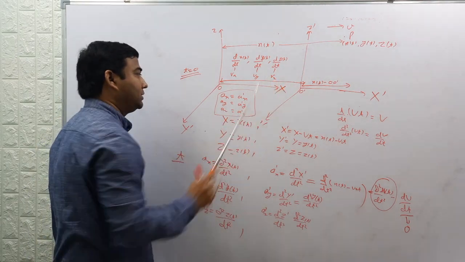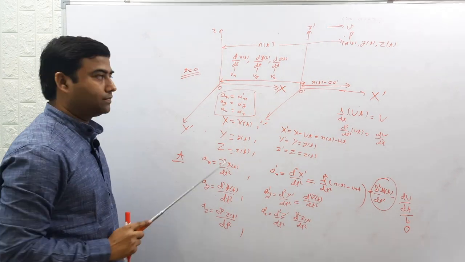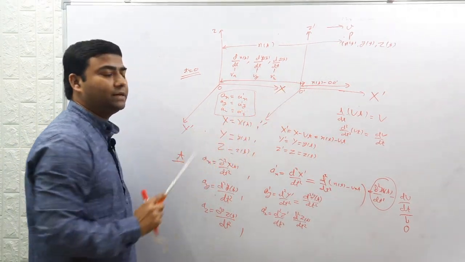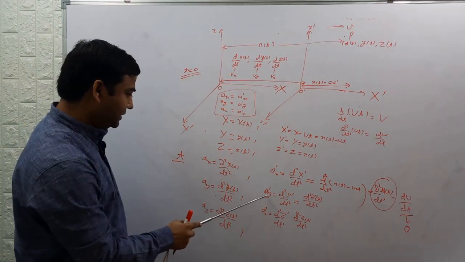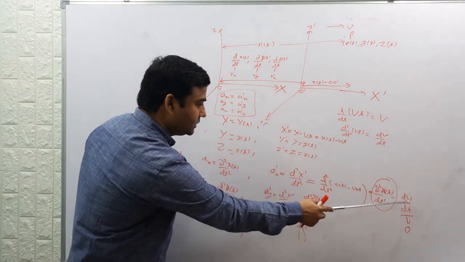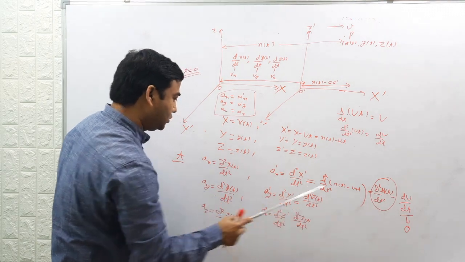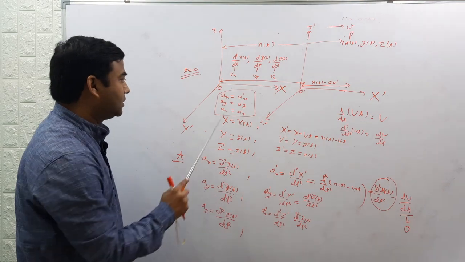Acceleration of this point in both these frames are same: ax, ay, az, a dash x, a dash y, a dash z. Since dv over dt is 0, d2x over dt square is the same in both cases.